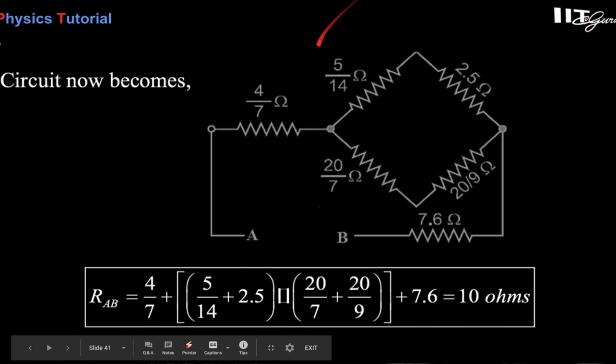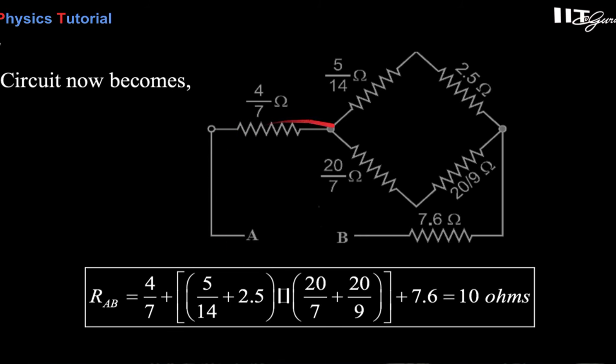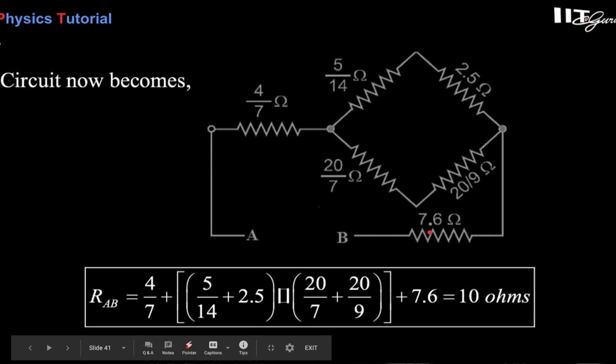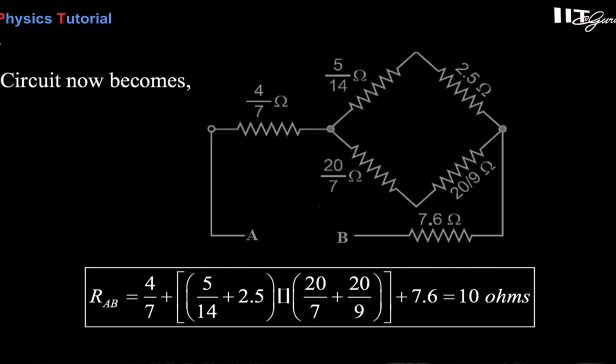From this point, 4 by 7 is included in series, and 7.6 once again in series, and the final answer is 10 ohm. So look how easily we can solve, using the series parallel combination with the help of the star delta rule, what was a very complex circuit.